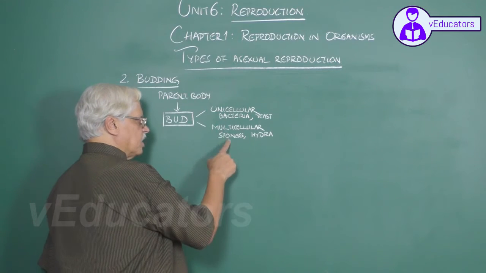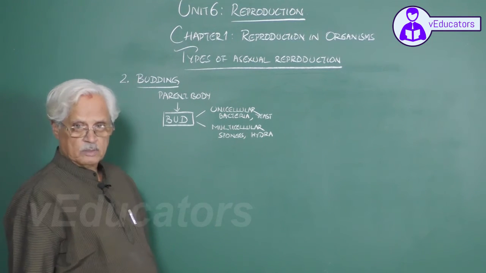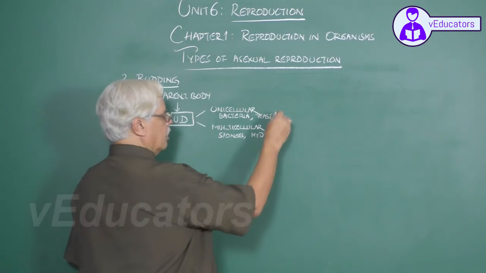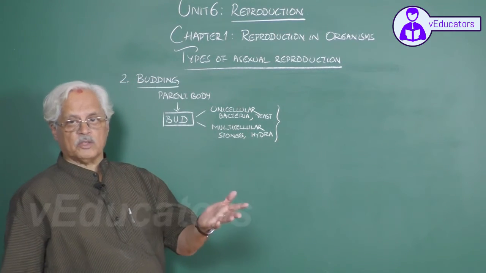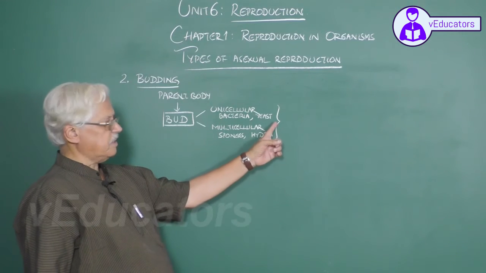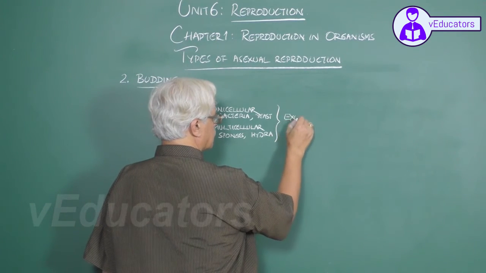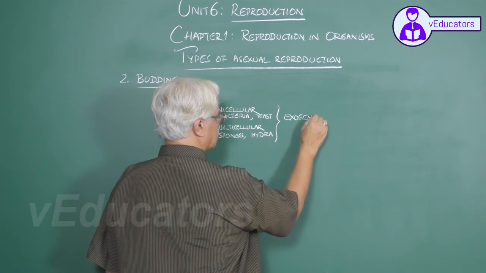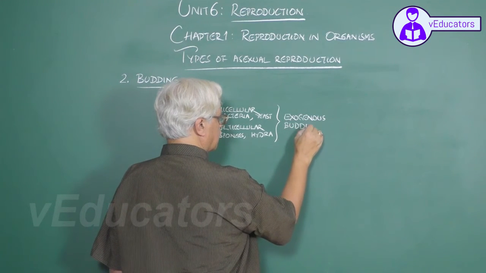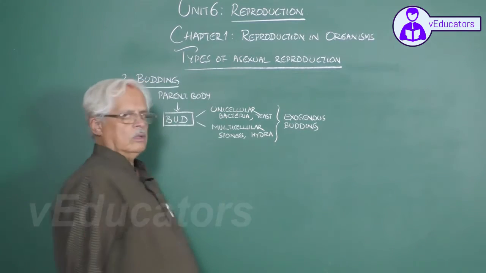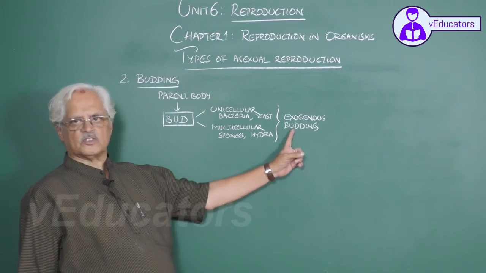Now in both these examples, unicellular as well as multicellular, budding takes place outside the body. Formation of buds takes place outside the body. Therefore, this process is known as exogenous budding.